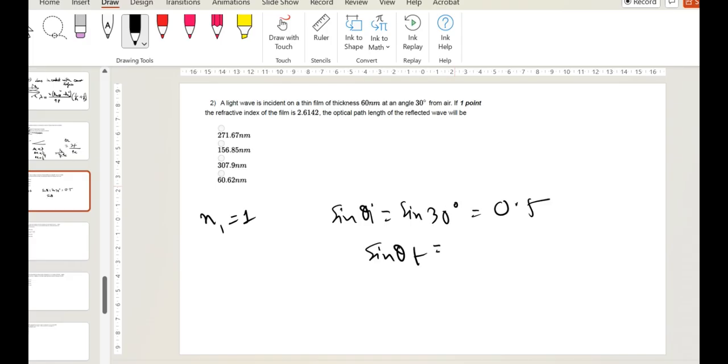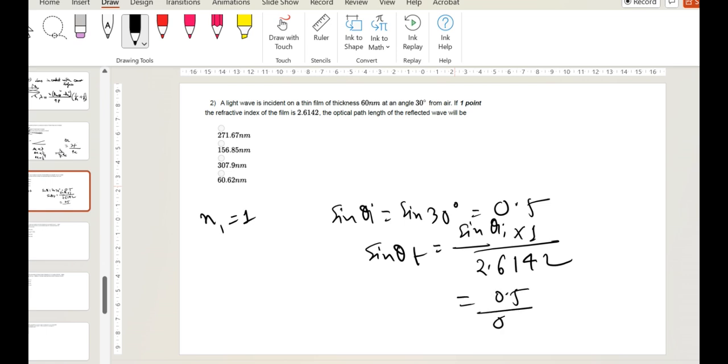Sine theta t is sine theta i times 1 by 2.6142, where the refractive index of the film is 2.6142, which gives 0.5 by 2.6142.